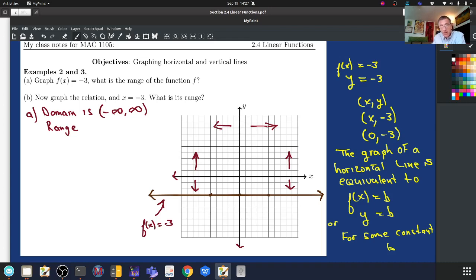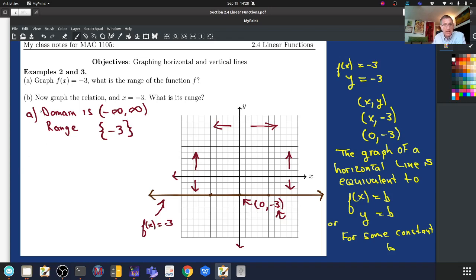Now, if I'm up here, if I look to the right and I look to the left, I don't see any part of the function, nor down here, nor on the x-axis. The only place I see the function is when I'm sitting right on top of it at the point 0, minus 3. So literally, the range is one single point. Remember, we're looking at the y values, and the range is not an interval. It's a single point, and it's minus 3.